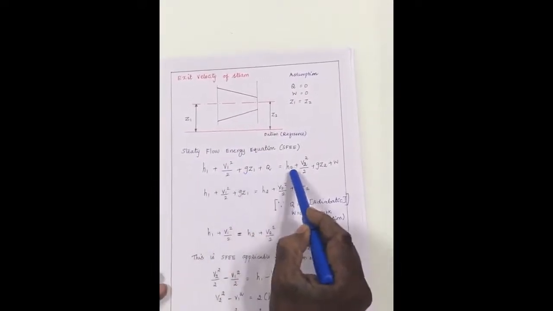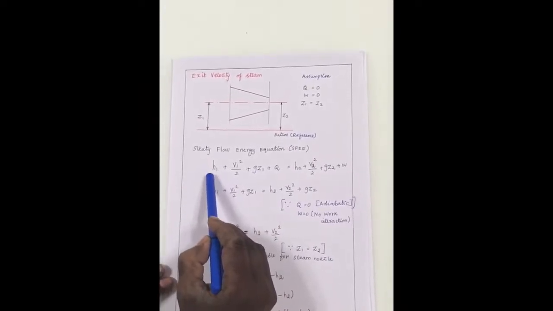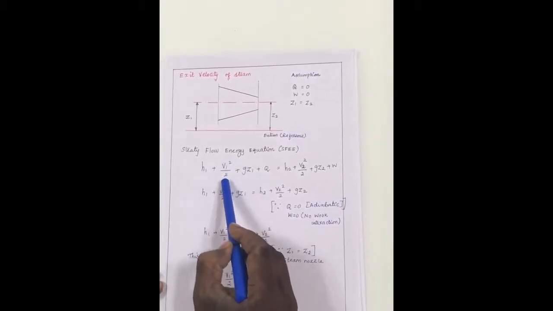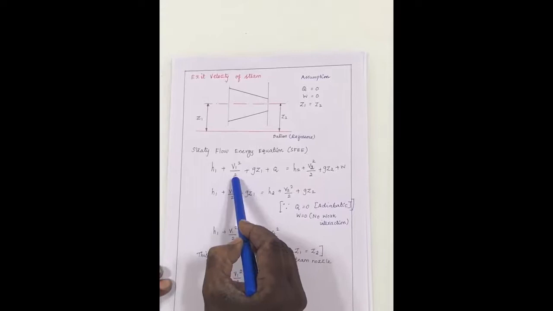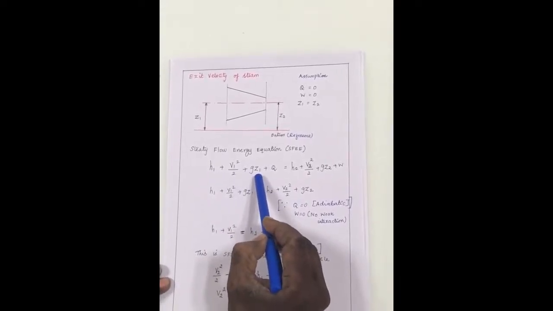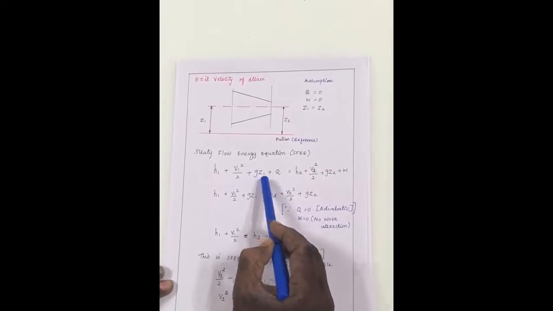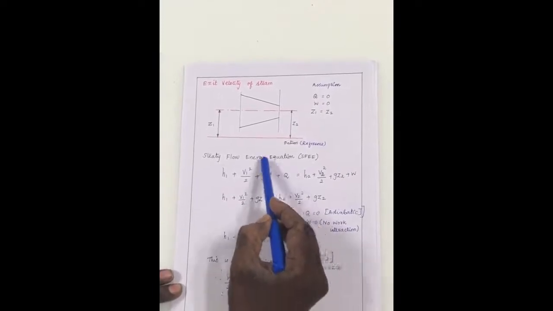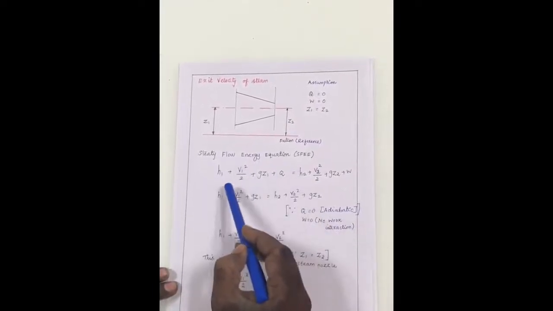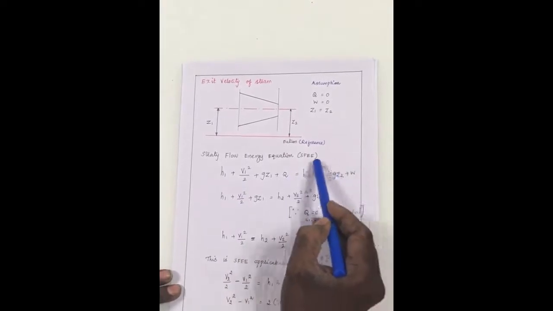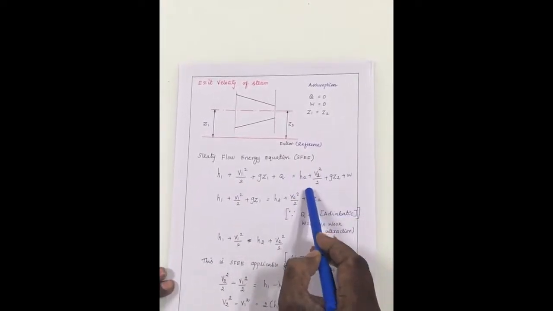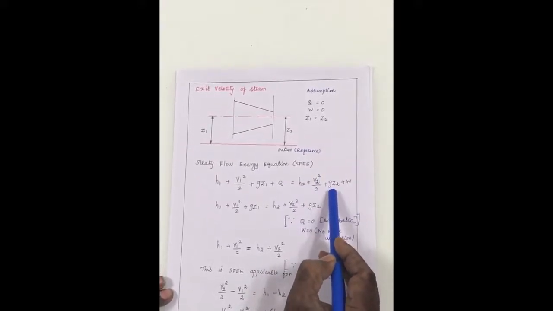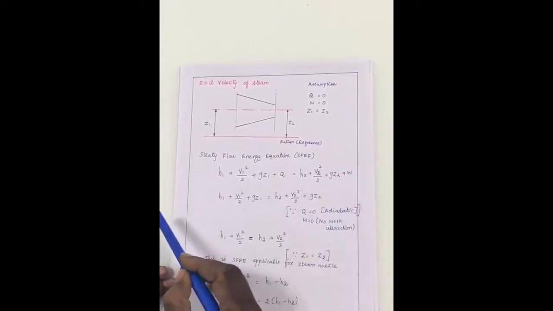This is our steady flow energy equation: H1, the enthalpy at inlet, plus V1 squared by 2, the kinetic energy at inlet, plus Z1, the potential energy at inlet, plus Q, the heat interaction in the system. This is the total energy available in the steam at inlet, which is equal to the total energy available at outlet, which is H2 plus V2 squared by 2 plus Z2 plus work interaction.